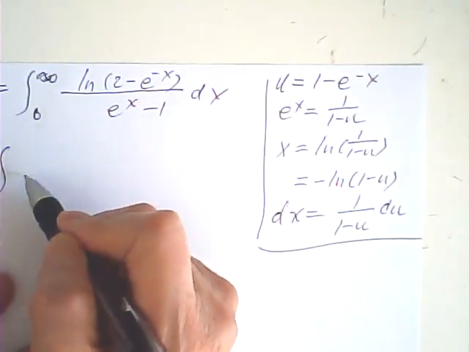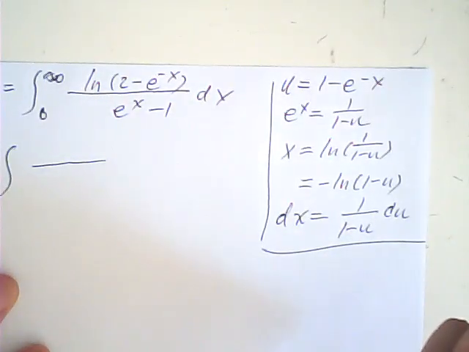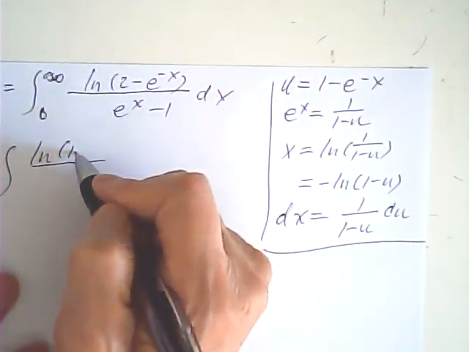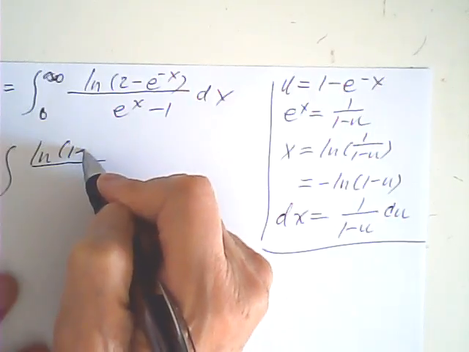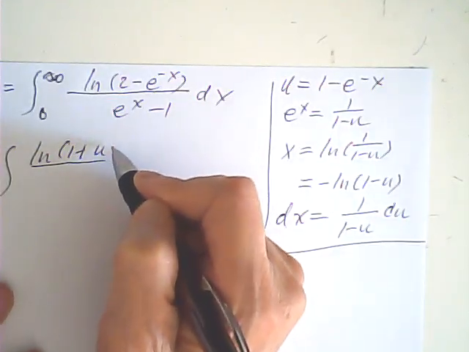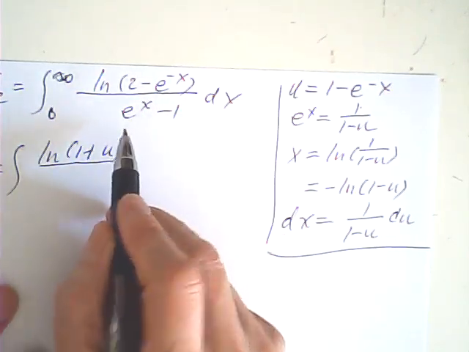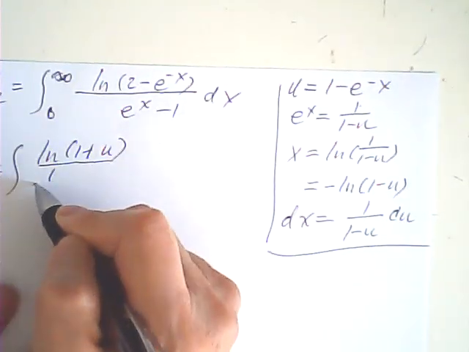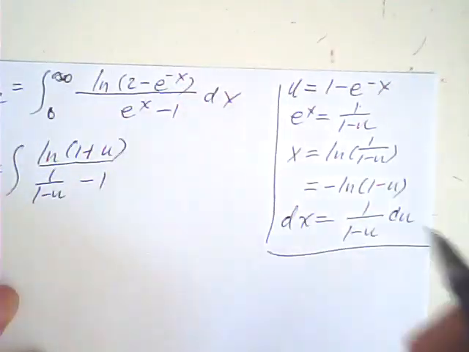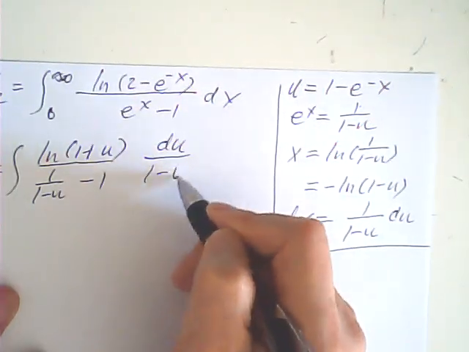This is equal to natural log, this becomes 1 plus u. Yeah, that is good. And this one minus this one, 1 over 1 minus u minus 1 times du over 1 minus u.